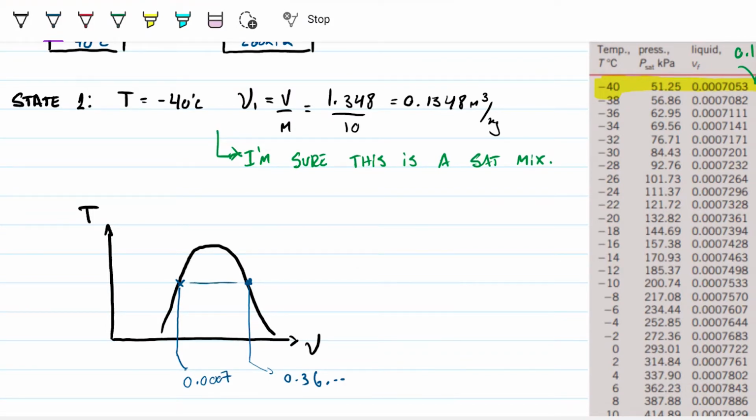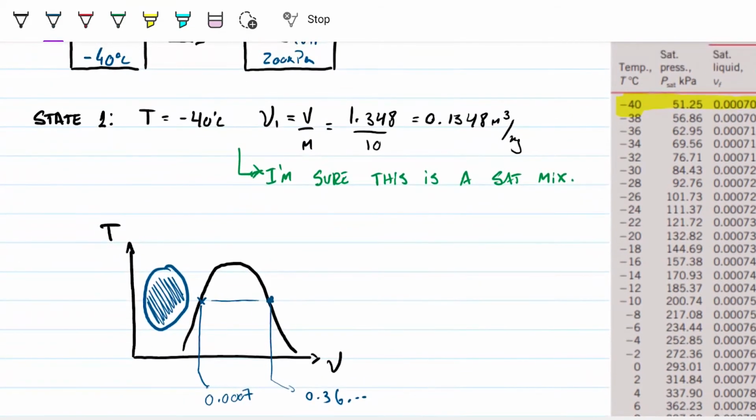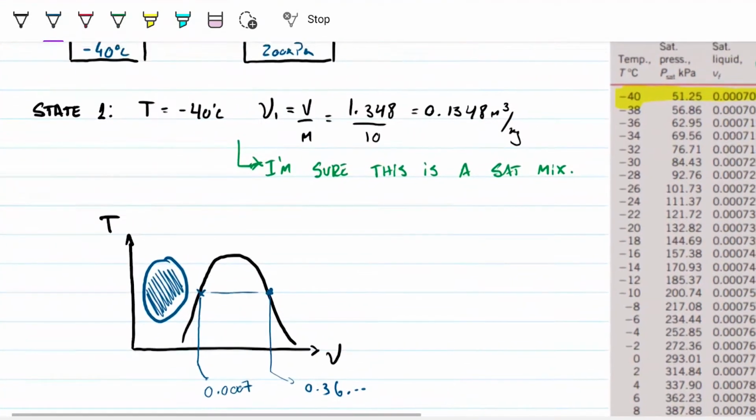If my specific volume were greater than 0.36, it would be on this side, and therefore I would be looking at a superheated fluid, which means I'd have to go to a different table. If it were on the left-hand side, that is, smaller than 0.0007, I would have to go to a compressed fluid table, or depending on the pressure, I could use the properties of the saturated fluid. We're going to talk more about that as that case comes along in other problems.